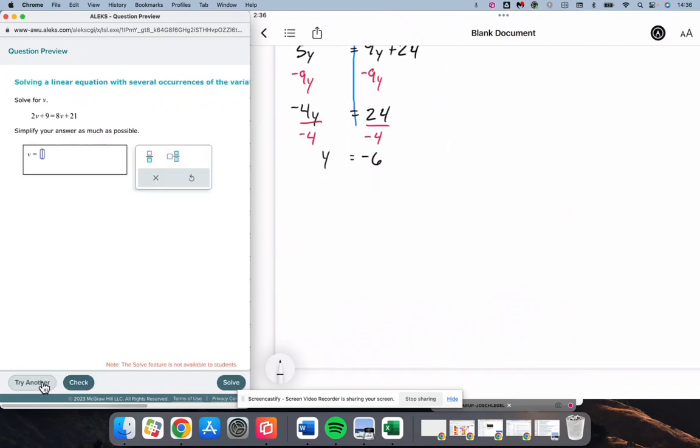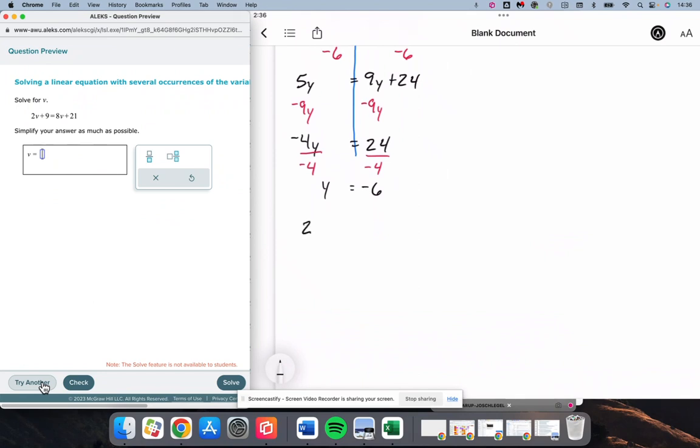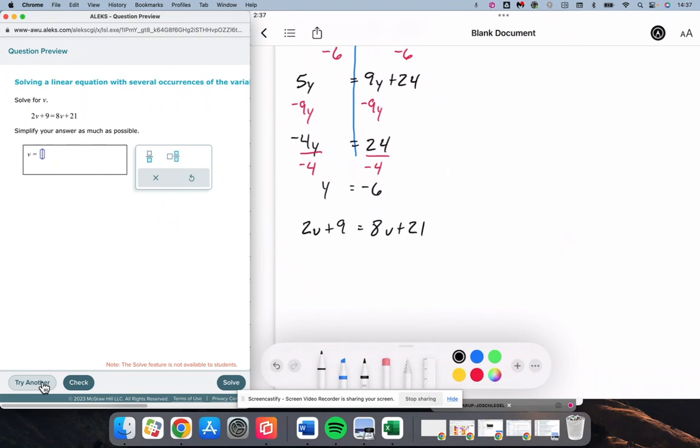Next, we have 2v plus 9 is equal to 8v plus 21. There are at least 4 correct things that you could choose to do here. You could subtract 2v, you could subtract 9, you could subtract 8v, you could subtract 21. All of those would produce a correct answer.